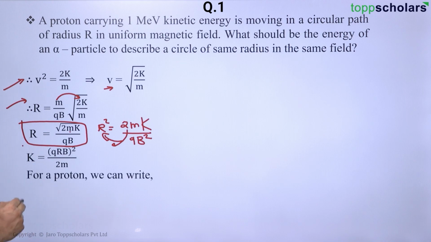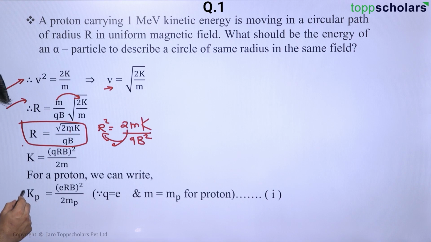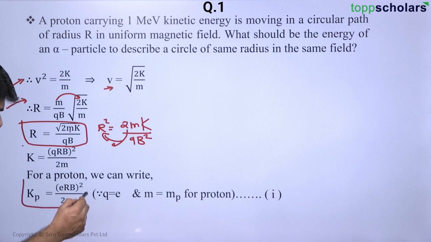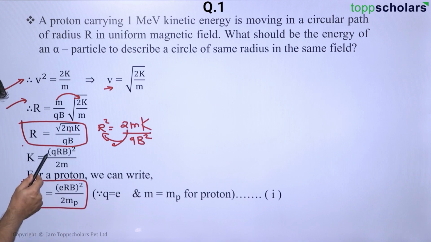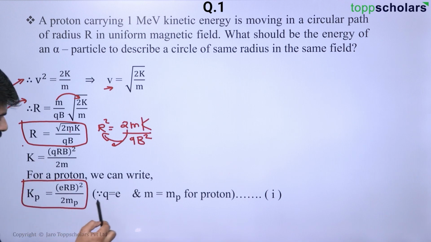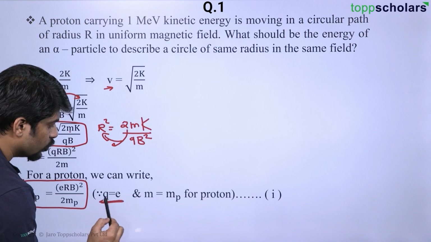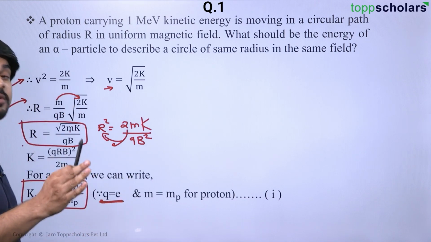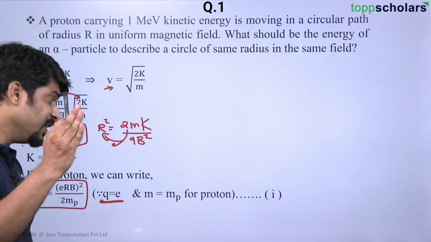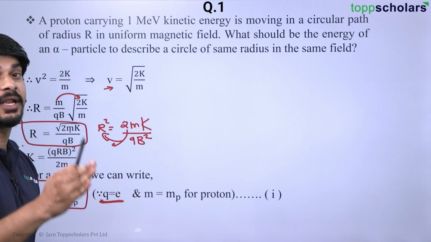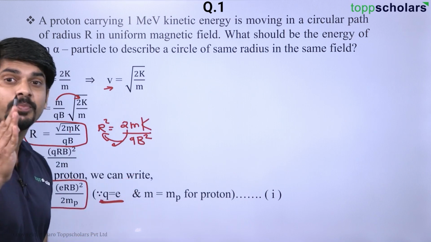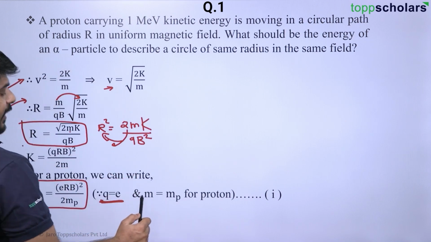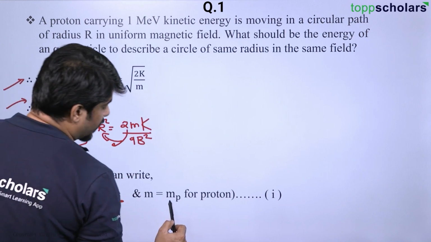Now for a proton we can write kp, the kinetic energy of the proton, equal to eRB whole squared upon 2mp. You can see it was qrB, but we have put the value of q, because we know that a proton is positively charged with charge equal to e, that is 1.6 into 10 raised to minus 19 coulomb, but it's positive. And m is equal to mp for proton, that is the mass of proton.